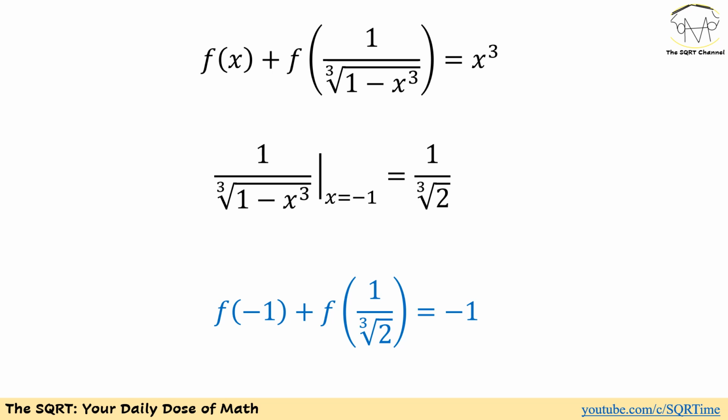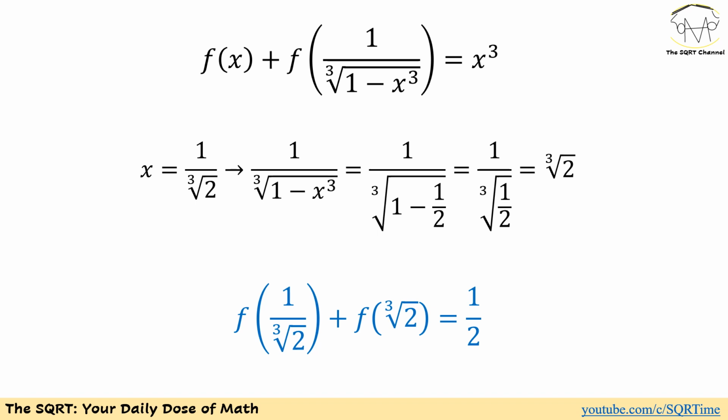So here we have everything that we need, but we don't know what value we have for f of 1 over the third root of 2. So we are going to start with using x equal to 1 over the third root of 2 to see what we are going to get. Again, for f of x, we are going to have f of 1 over the third root of 2. Now we are going to find what we will have for the second term.